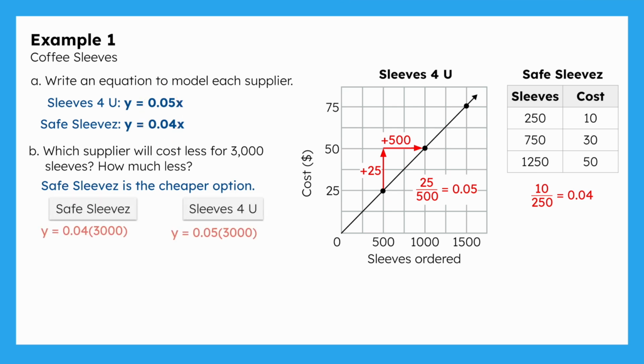I substitute 3,000 for x in each equation and simplify. Safe Sleeves will cost $120, and Sleeves for You will cost $150. So that means Safe Sleeves will cost $30 less than Sleeves for You. Every penny counts.